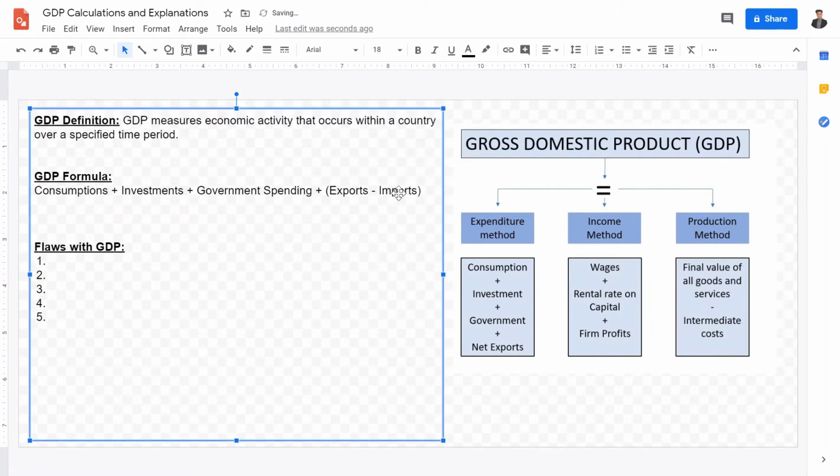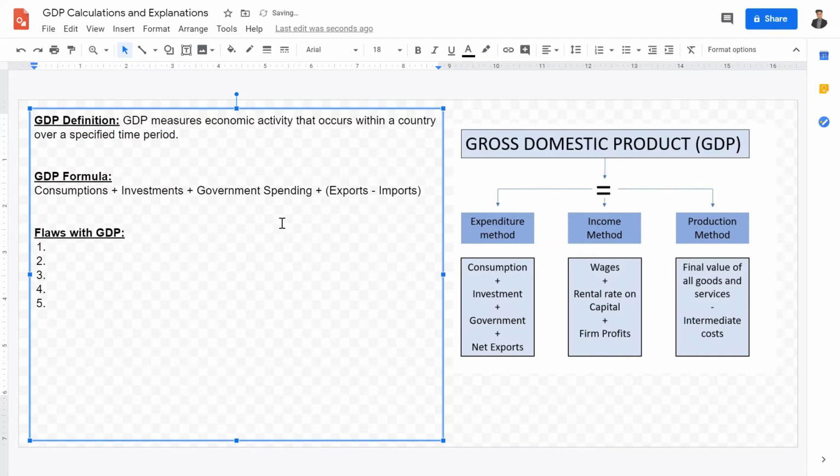Because we're measuring the economic activity within a country, and imports are economic activity coming from other countries. Therefore, it is important for us to extract the imported quantities. So these four indicators allow economists to measure the economic activity that occurs within a country.